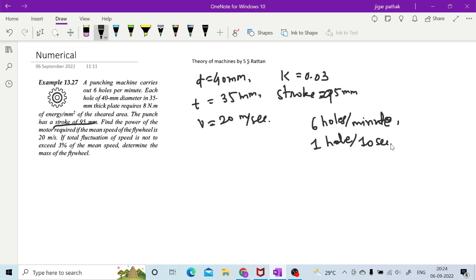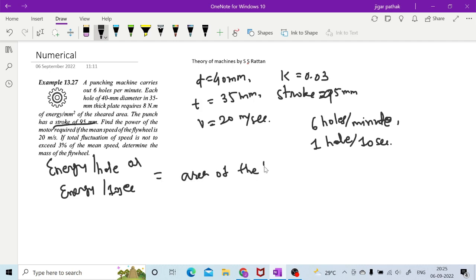If you go for finding energy per hole, or energy per 10 second, then it will be equal to the area of the hole into energy required per mm square.